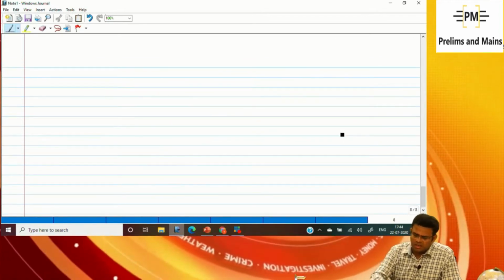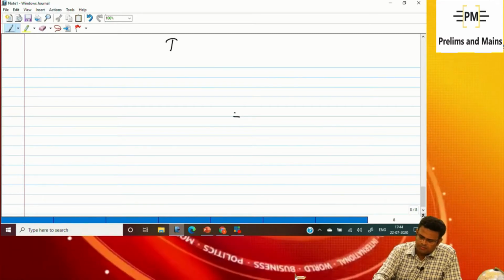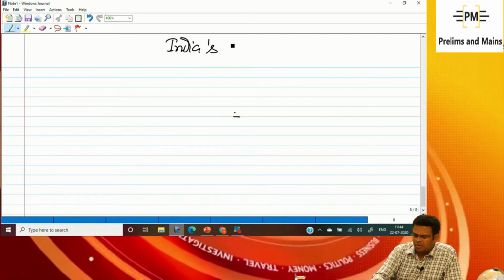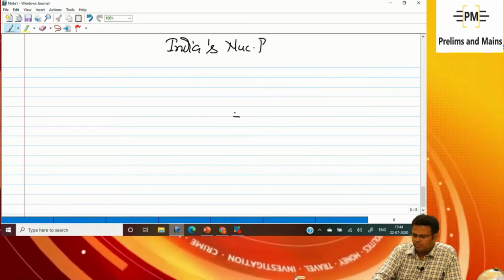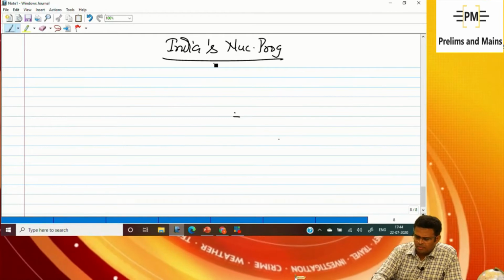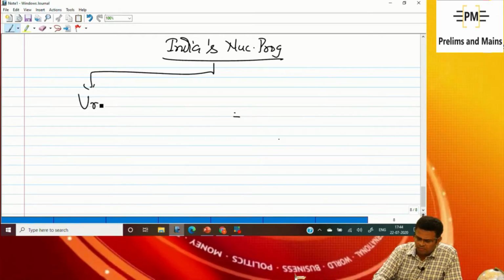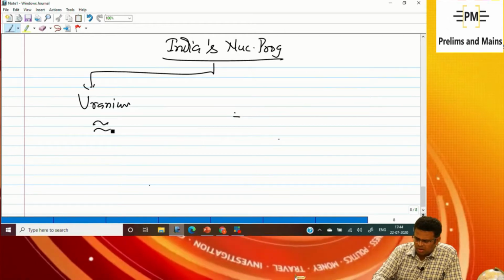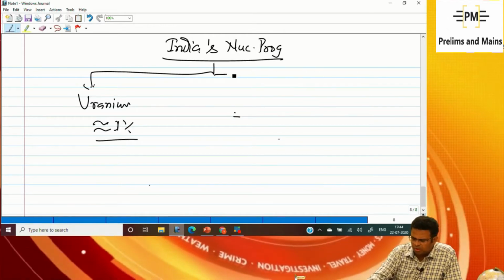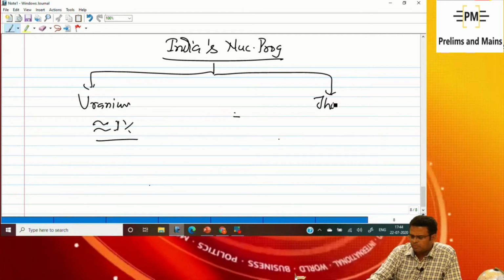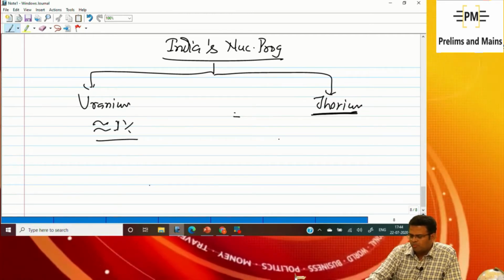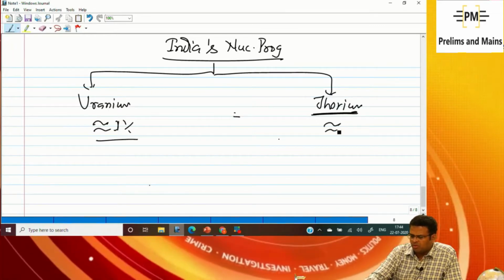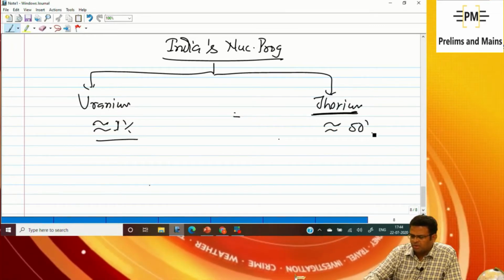Now, you can say that India's nuclear program, if I am talking about uranium, we have around 1% of the world, but thorium we have more than 50% of the world.